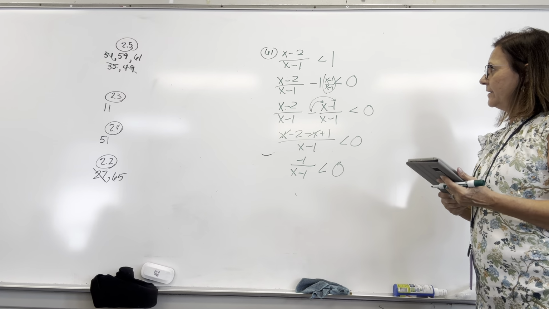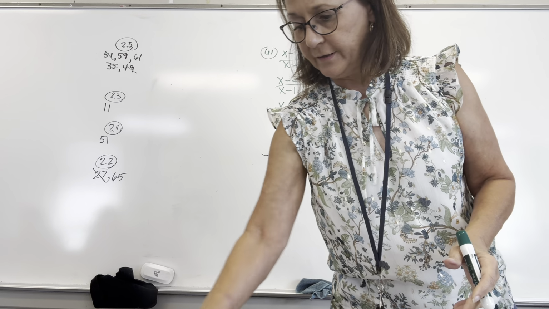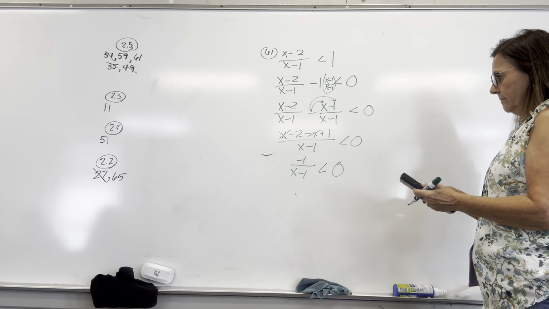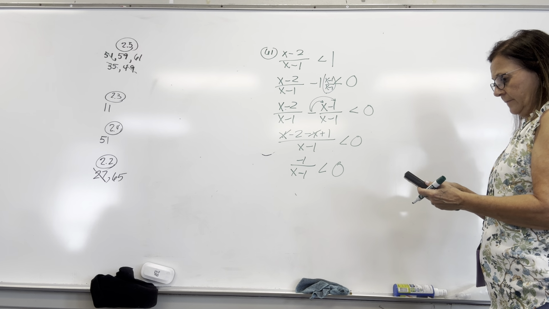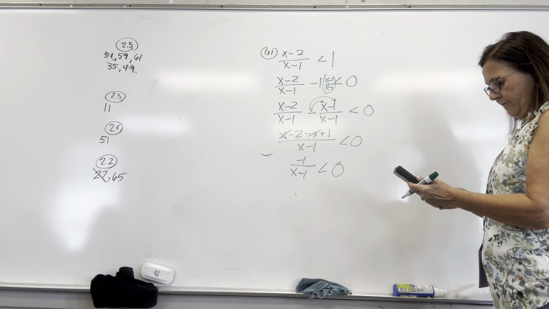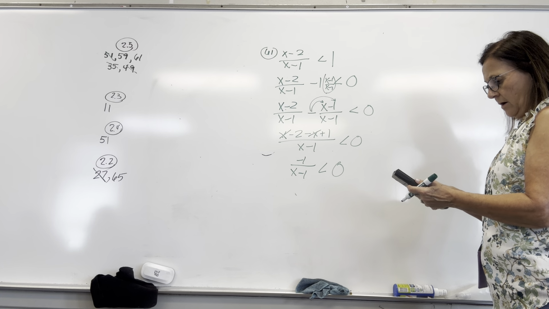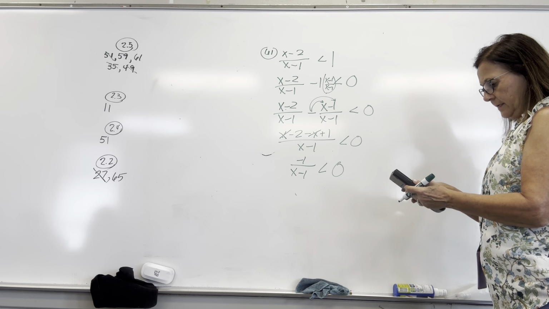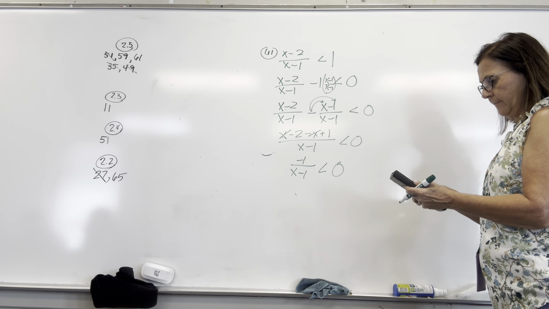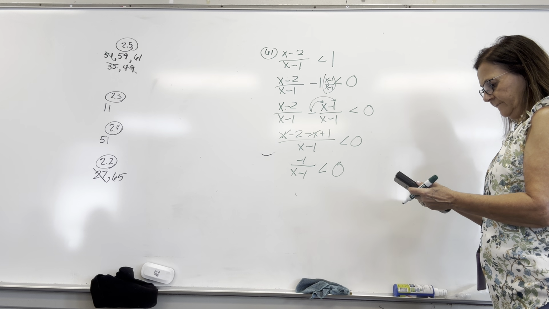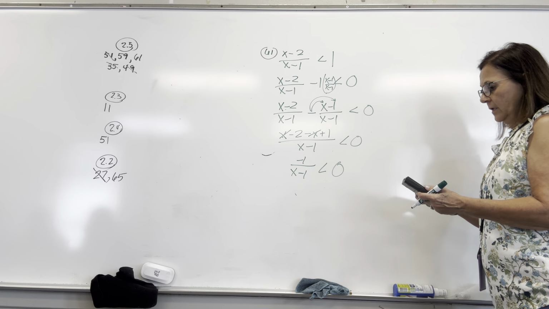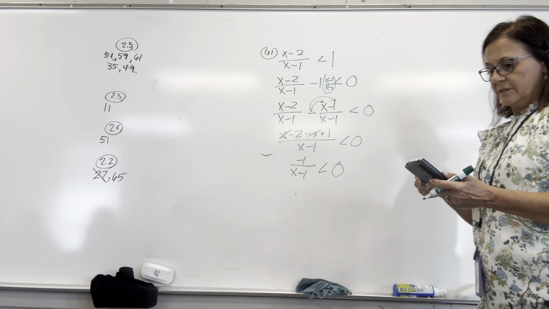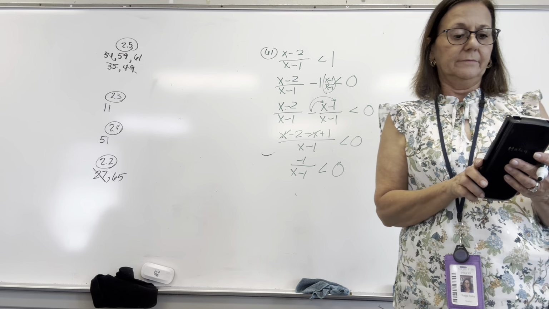Graph that in your graphing calculator. Something has to happen at -1 or at 1. Something has to happen. X minus 1 less than, okay. So something only happens at 1.